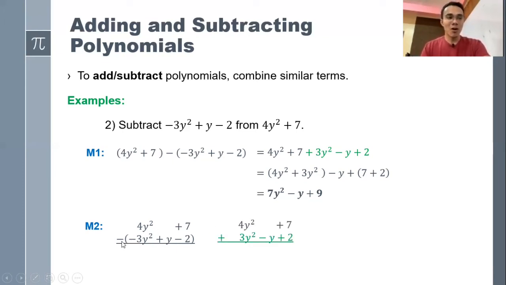So this now becomes positive 3y squared negative y plus 2. 4y squared plus 3y squared is 7y squared. Bring down negative y. 7 plus 2 is 9. And this is our final answer.